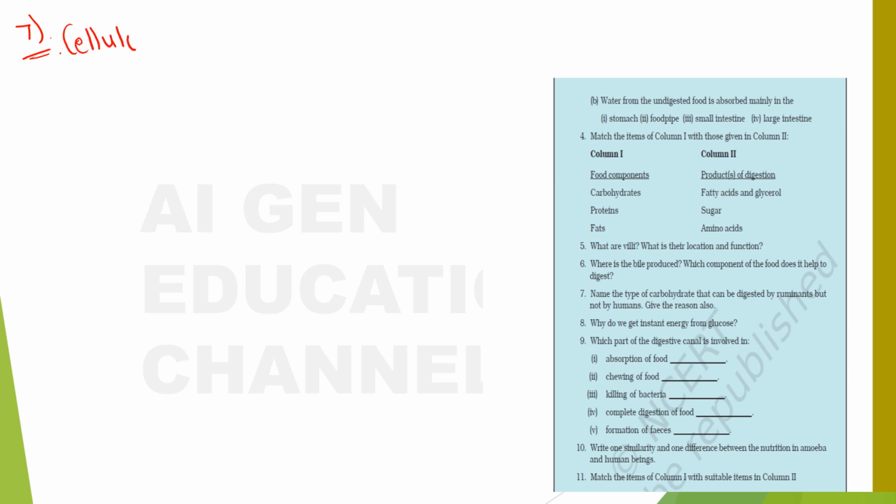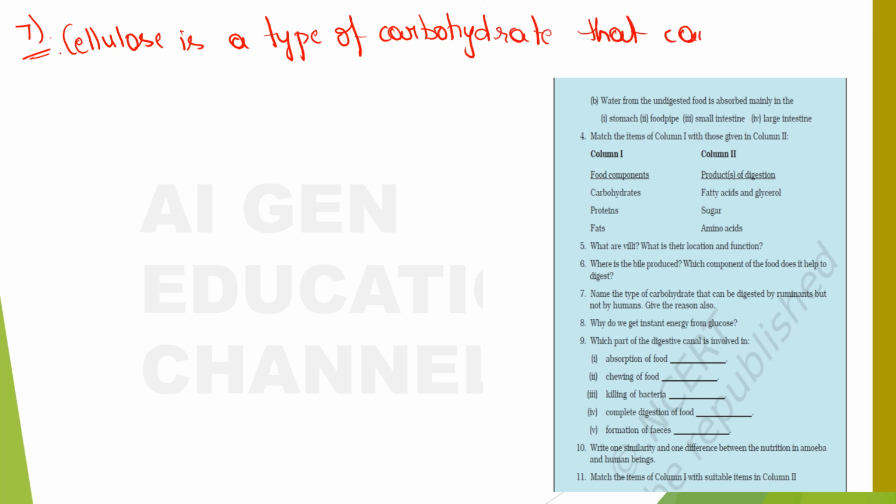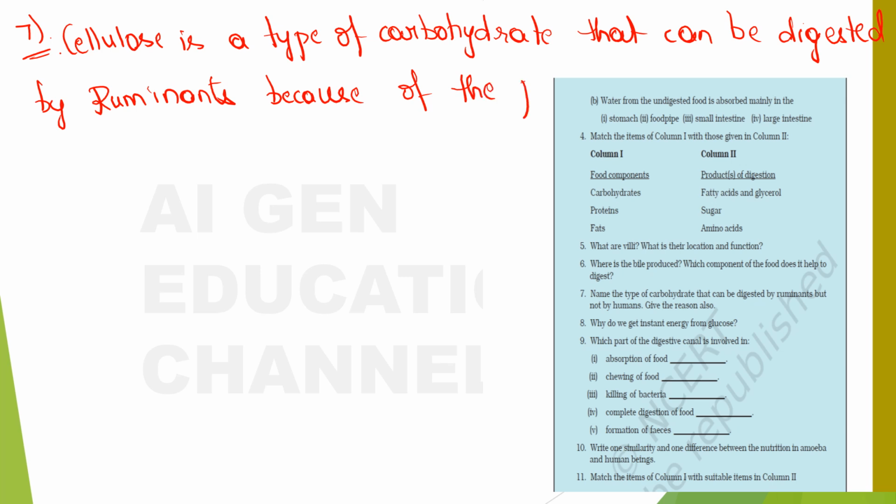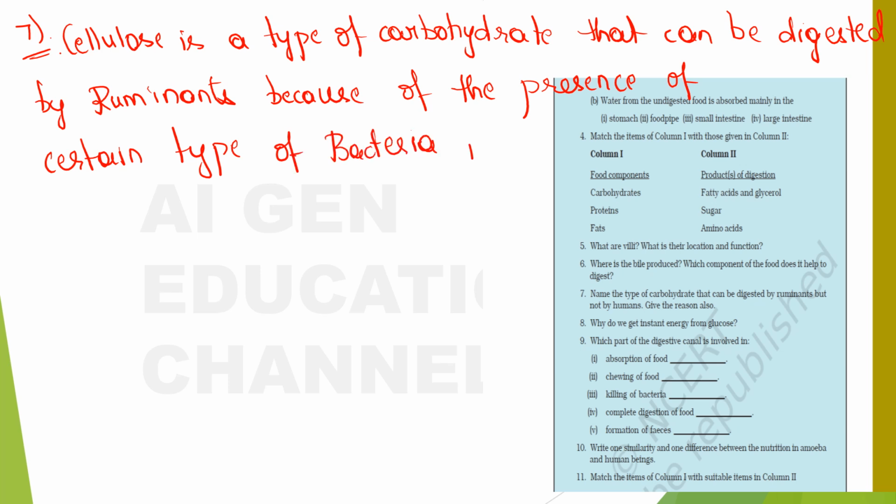Cellulose is a type of carbohydrate that can be digested by ruminants because of the presence of certain type of bacteria in the rumen.